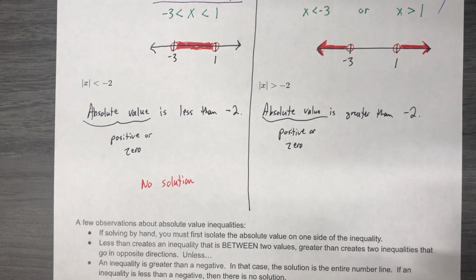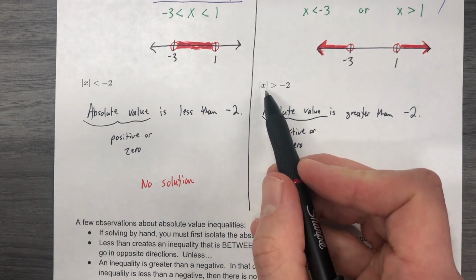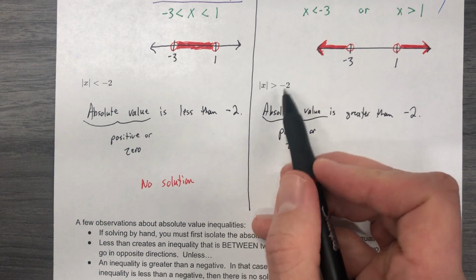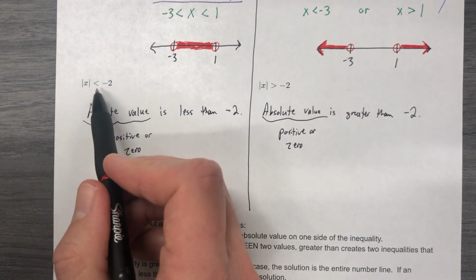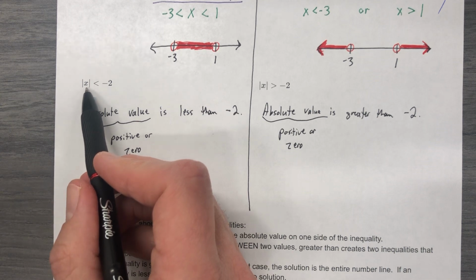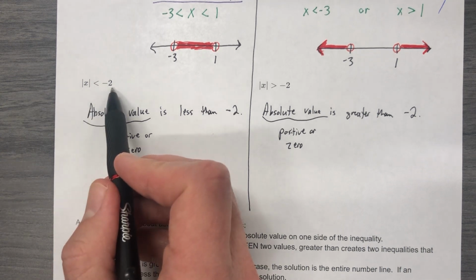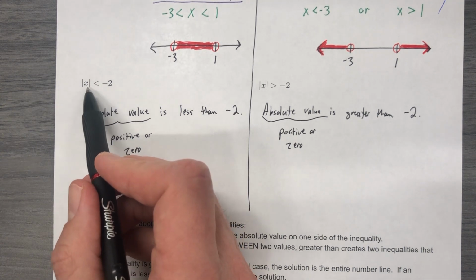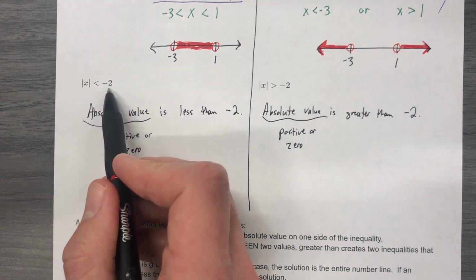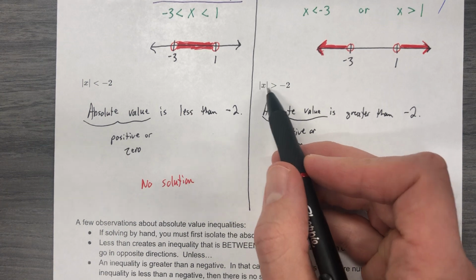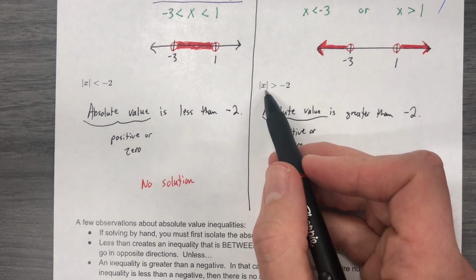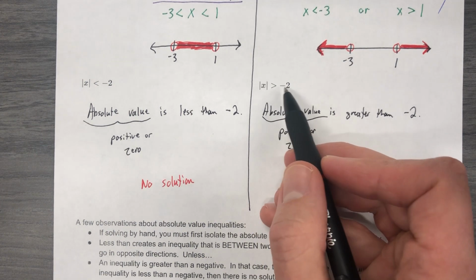Meaning what? Okay, no matter what x value you pick, this is a true statement. No matter what x value you pick, this one's false. I could pick 5. Absolute value of 5 is less than negative 2? No. Negative 5? 5 is less than negative 2? Nope. Never. Any number I pick will work here. 5 is greater than negative 2. Negative 5 becomes positive. 5 is greater than negative 2.